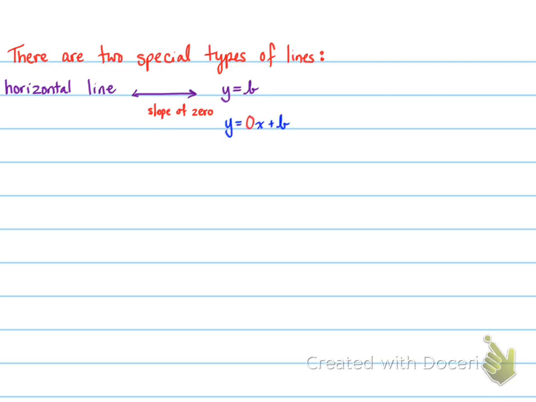So note that if it has a slope of 0, we would put 0 times x plus b. 0 times x means that we would simplify that expression to equal y equals b.